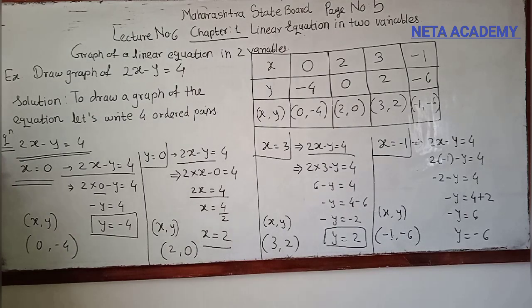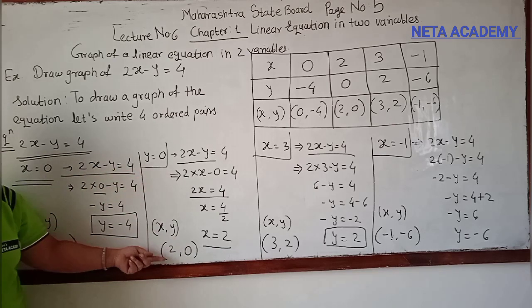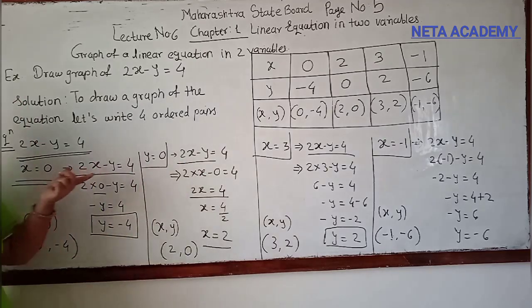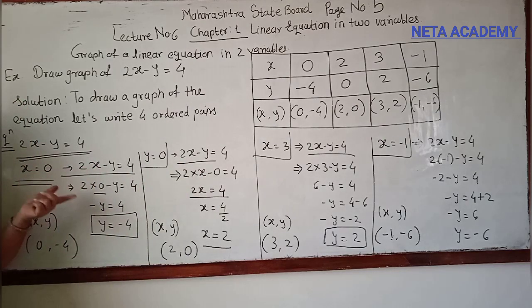Sometimes the value of x or y is given: if x is given, we need to find the value of y, and if y is given, we need to find the value of x. Otherwise we need to take the points on our own, find the values for them, and make pairs in such a way that we can get points to draw the plot on the graph. Are you getting all this? Okay, so we'll go on.